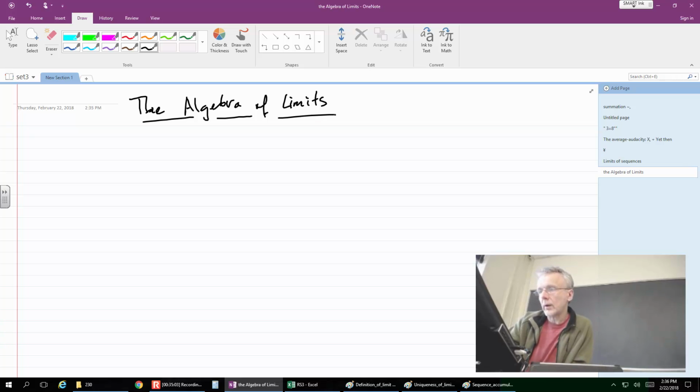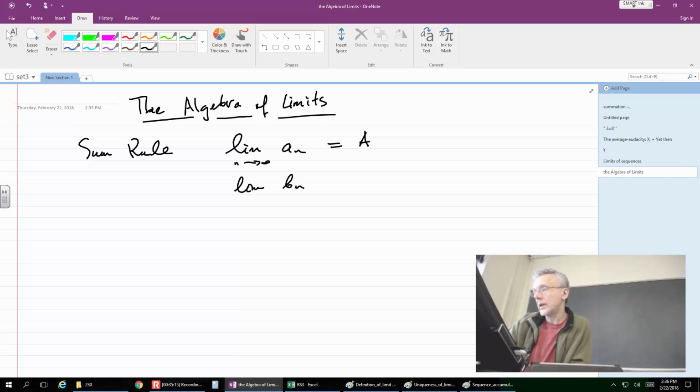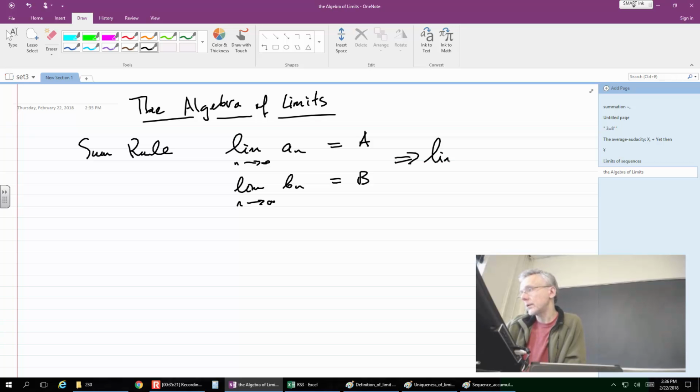Okay, so for example, the sum rule. If the limit of an is equal to a as n goes to infinity, the limit of bn is equal to b as n goes to infinity, then the limit of an plus bn is equal to a plus b as n goes to infinity.